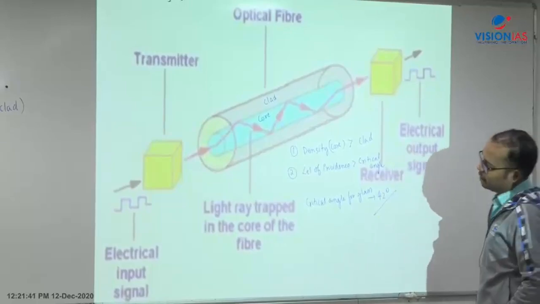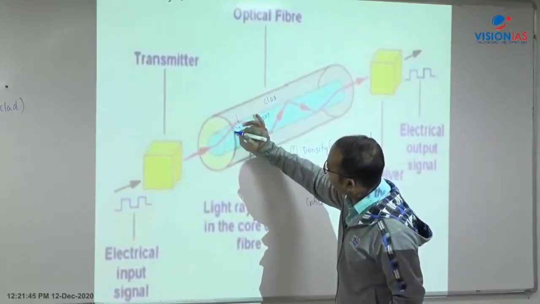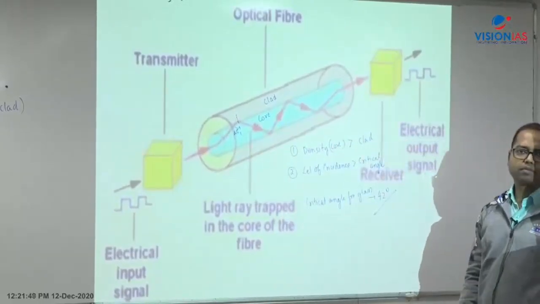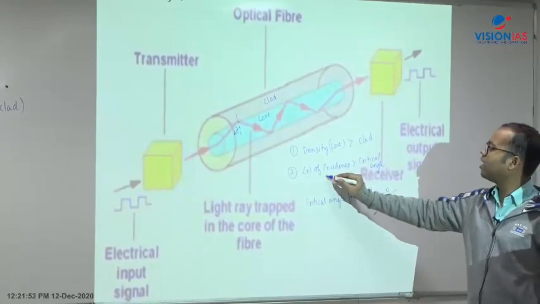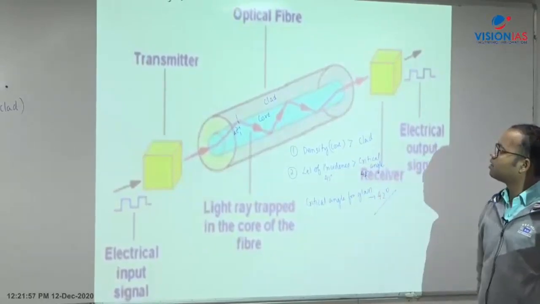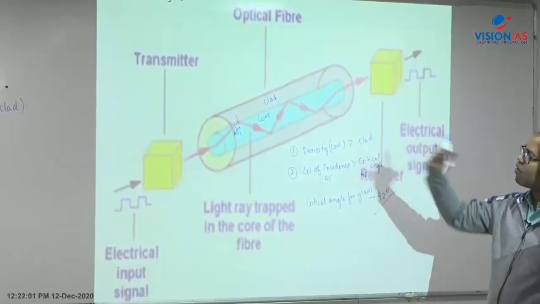So what is happening here? We are making light incident at 45 degree. So 45 degree is greater than 42 degree or not? Yes. So second criteria is also getting fulfilled. Angle of incidence is 45 degree and critical angle is 42 degree. So this criteria is also fulfilled. Right. So now see how optical fiber is working.